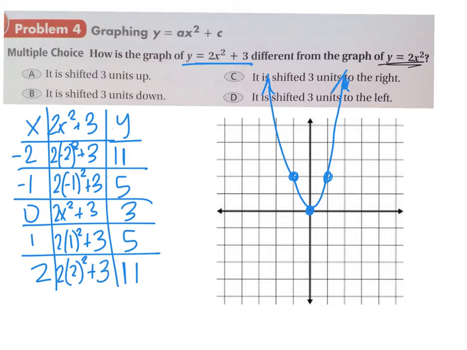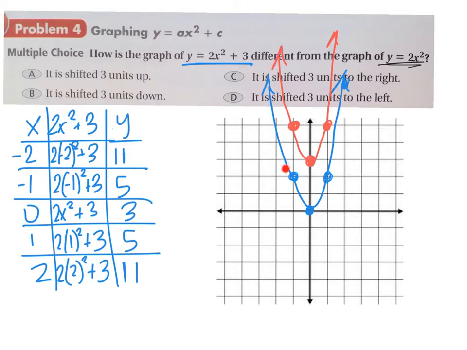So when you graph that, I'm going to graph this in pink so you can see the difference. If I graph the 0, 3, I'm going to go 0 up 3, and then 1, 5, and -1, 5. And I really can't graph the negative 2, 11, but I know it's going to be a curve through those points.